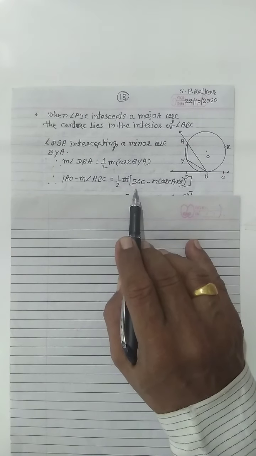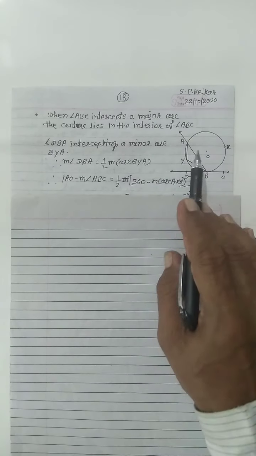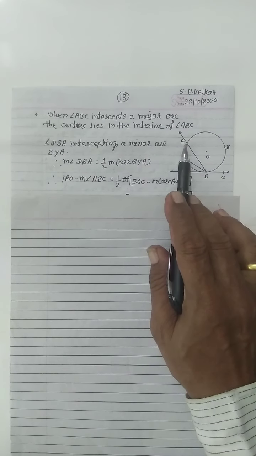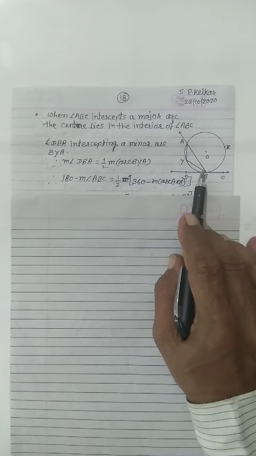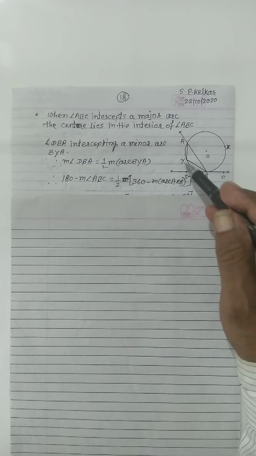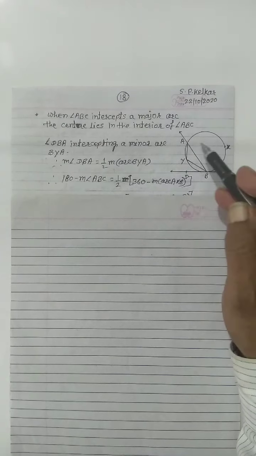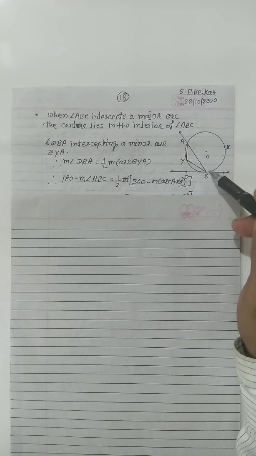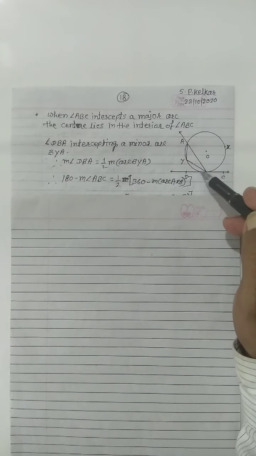in square bracket, the arc BYA. For this arc BYA we take the complete circle, 360, and from this complete circle we subtract the arc AXB, and we get the arc AYB.